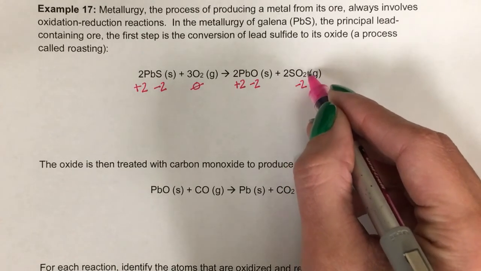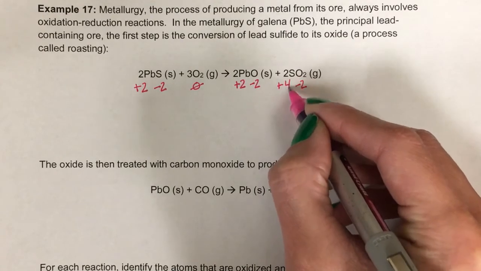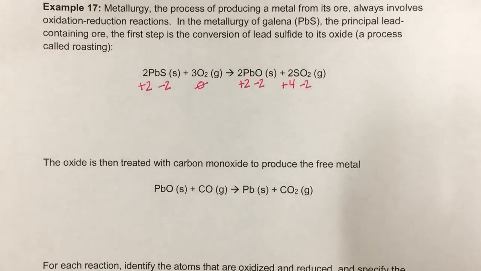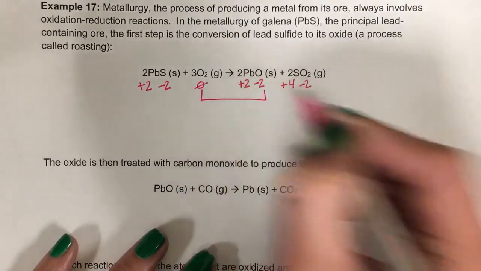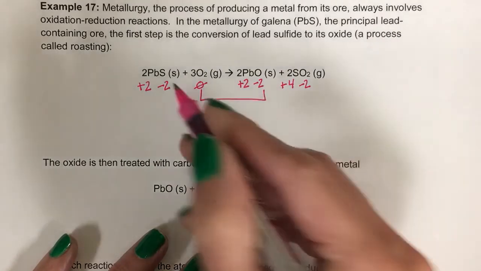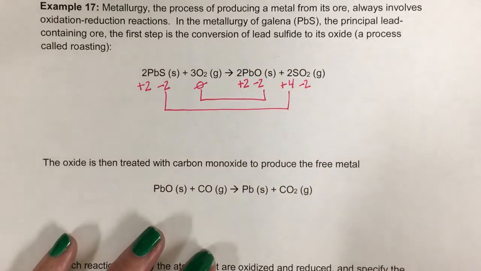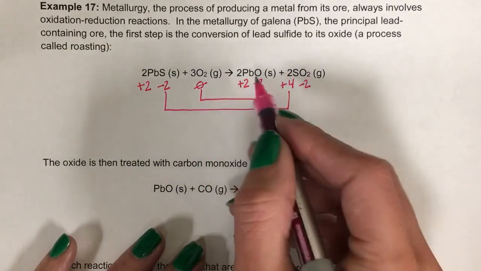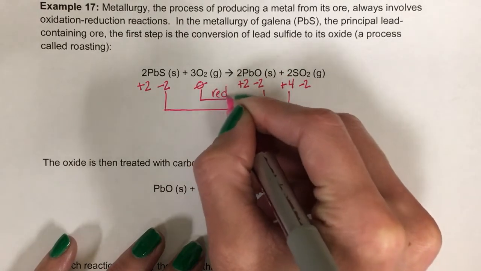I have 2 of them. 2 times 2 is 4, so I need 4 positives. So I need to figure out who's changing. Oxygen is going from a 0 to a -2, and sulfur is going from a -2 to a +4. So oxygen is becoming more negative. He's being reduced.